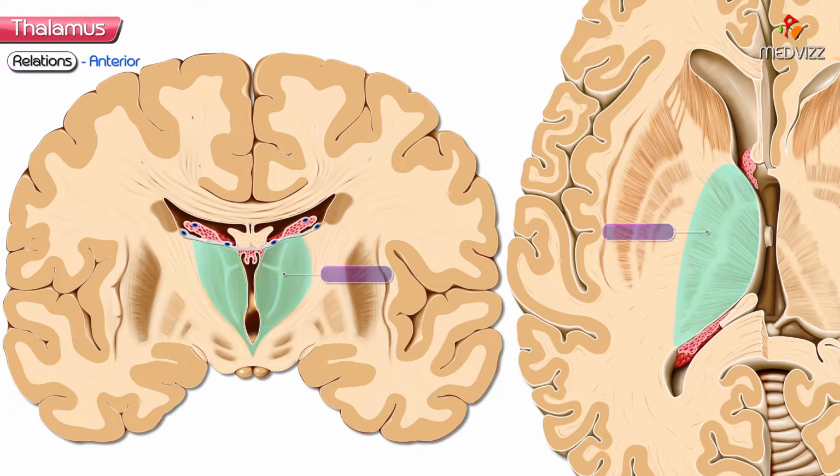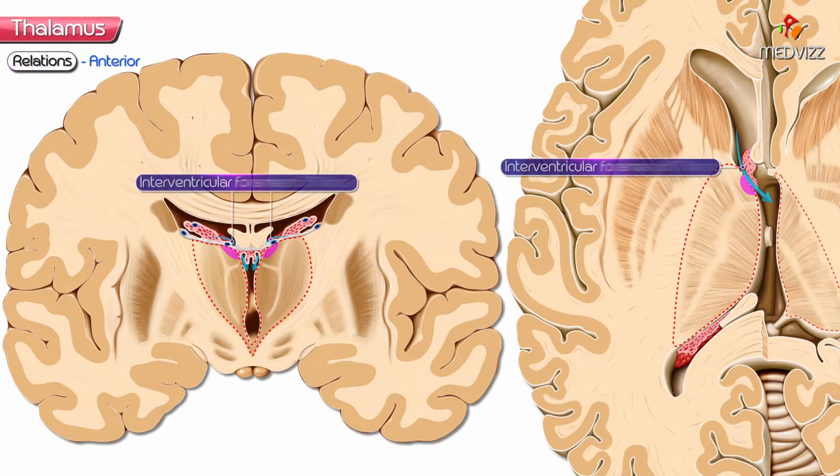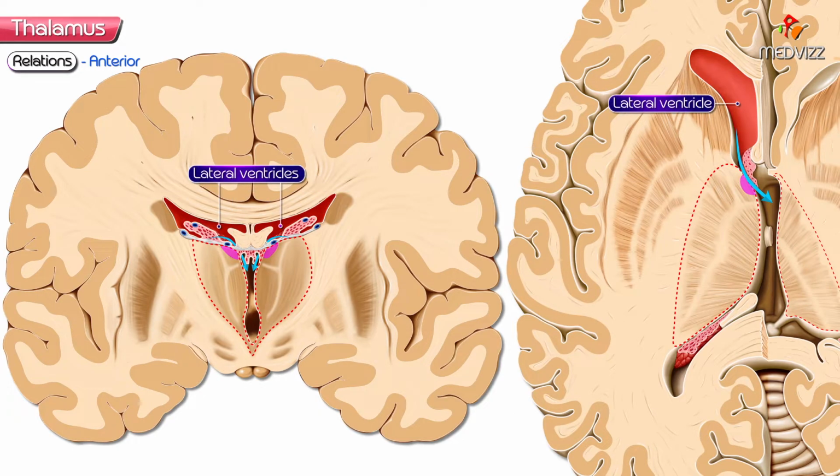For example, the anterior aspect of the thalamus, the anterior pole, forms the posterior wall of the interventricular foramen of Monro, and this foramen permits communication between the lateral and third ventricles for the flow of CSF.